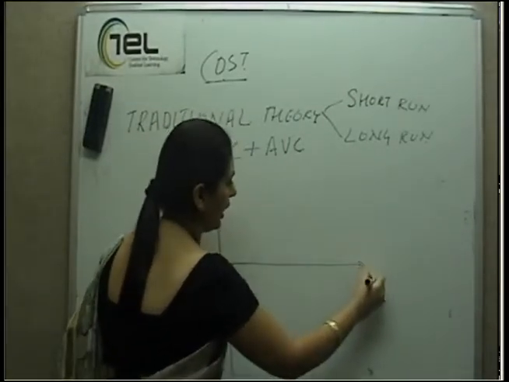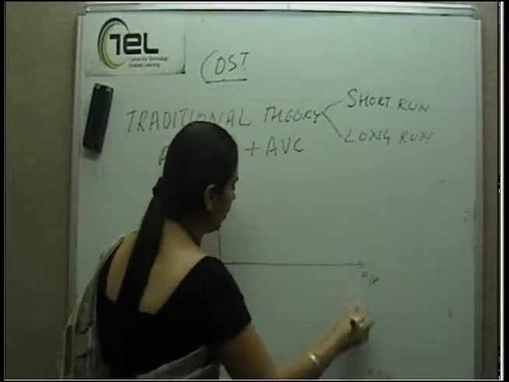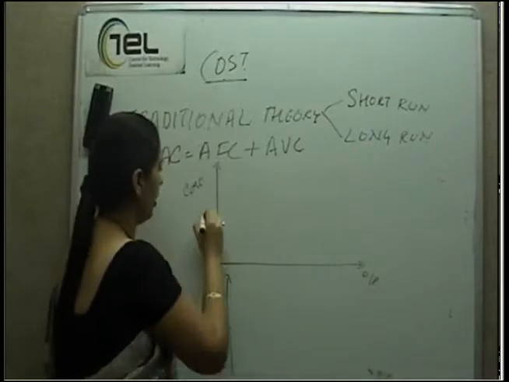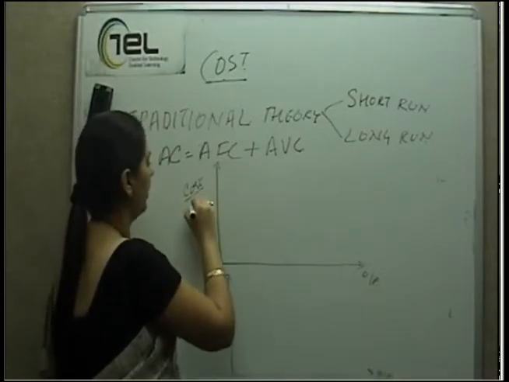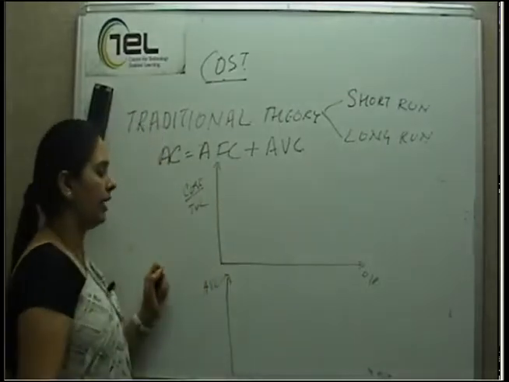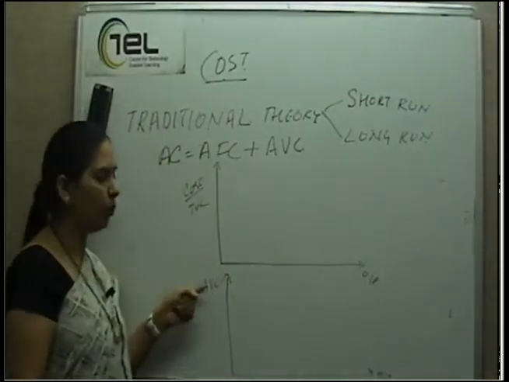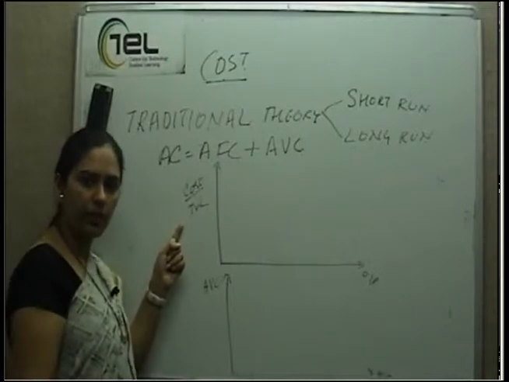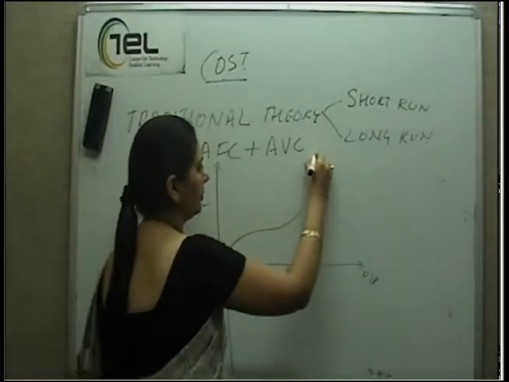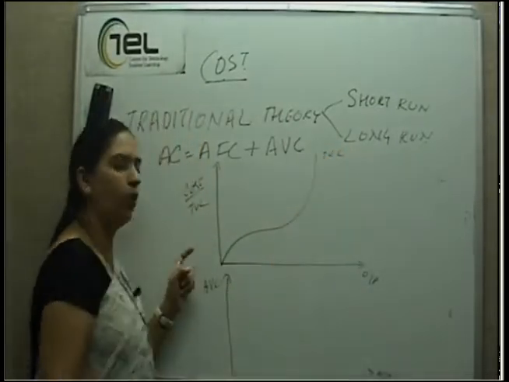We would again plot output on the x-axis, and on the y-axis we would be plotting cost. Here this cost is nothing but TVC. That means AVC is drawn with the help of TVC. Now, TVC is an inverse S-shaped curve which starts from the origin.